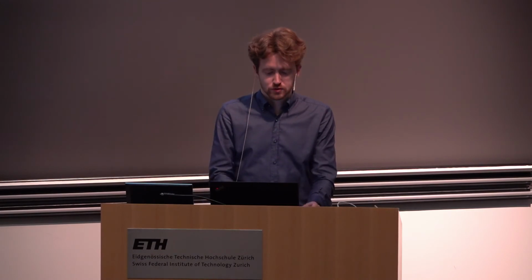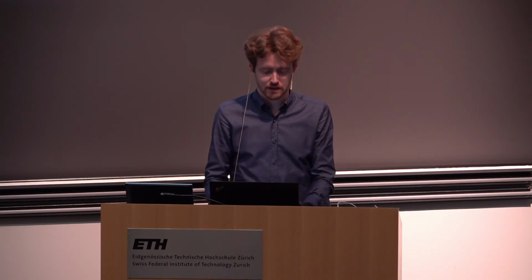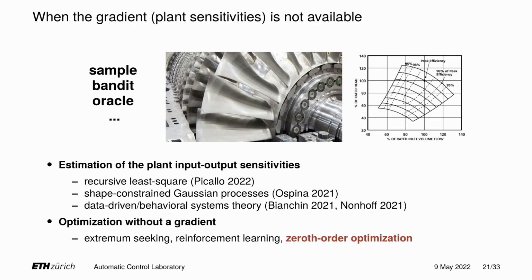But what I'm going to cover today is a slightly different direction, in which instead of trying to estimate these sensitivities and build the gradient, we try to really do optimization without the gradient. And this comes from a number of tools, which I'm going to review very quickly, or just mention, rather, which are, for example, extremum seeking, reinforcement learning, zeroth-order optimization. As you see, I have a preferred one.